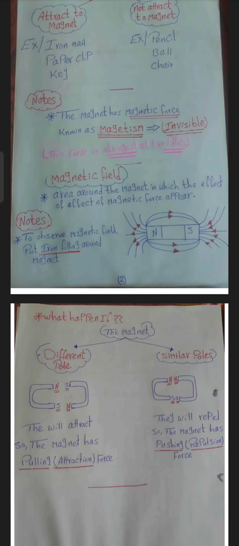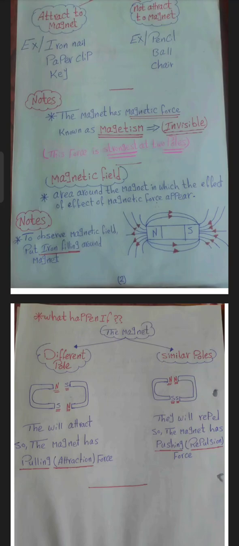Okay, when you put iron filings around the magnet, the magnet will attract the iron filings, so it is attraction force or pulling force. Okay, the area around the magnet in which the magnet attracts iron filings, this area is called the magnetic field, and in this area the magnetic force appears.